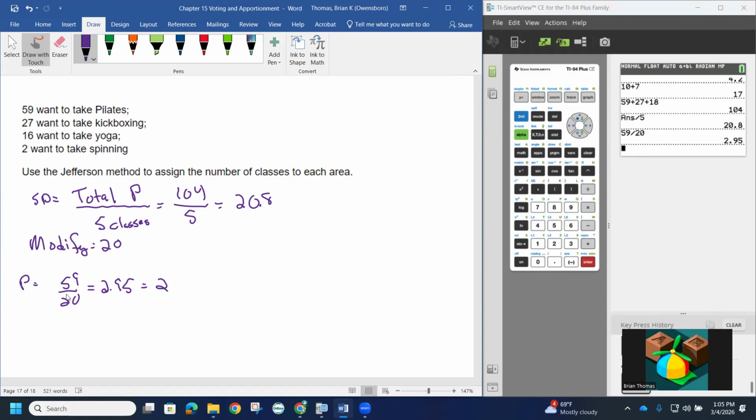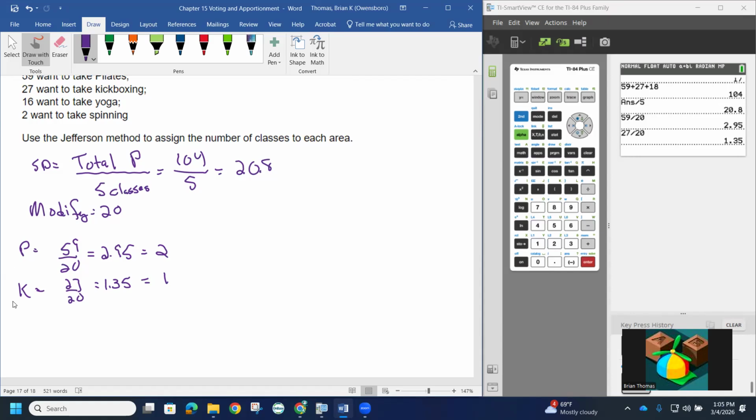The next thing is the kickboxing. We had 27 people interested in kickboxing, and we want to divide by the modified divisor, the 20. So 27 divided by 20 gave us 1.35. But again, in the Jefferson method, we have to round down, so it's going to be 1. Yoga, we've got 16 divided by 20.